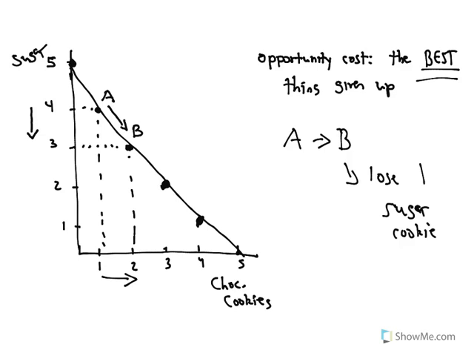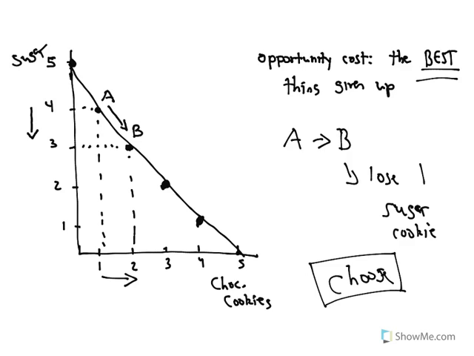The PPC shows us the boundary, the most we can make. And so if we want to make more of one type of cookie, that forces us to give up some of the other. In other words, it forces us to choose, which is something that we are stressing throughout the course, that economics is essentially the study of choice.